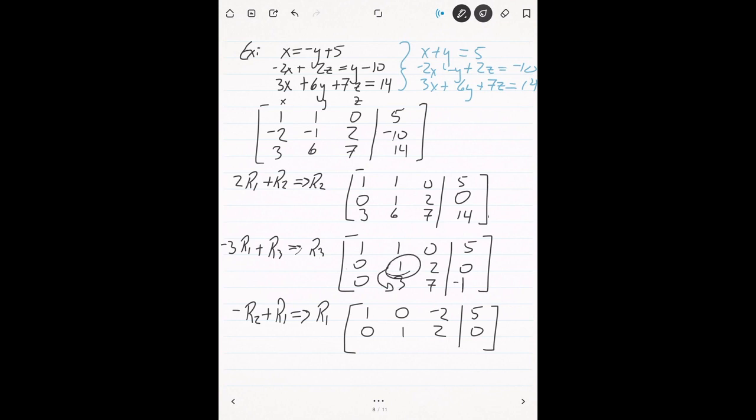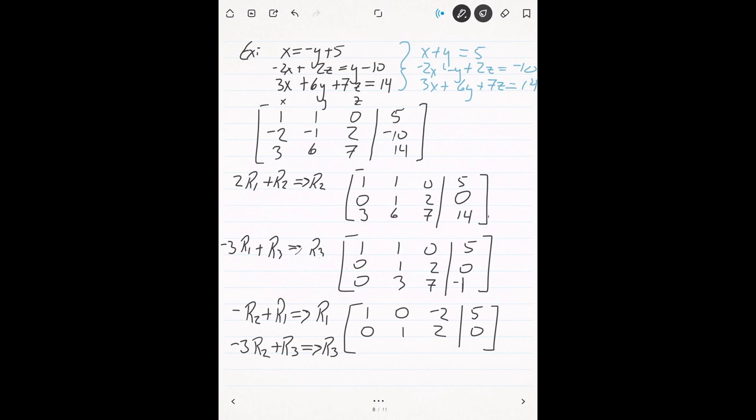Let's multiply it by negative 3 and add it to row 3. So what I'm going to do is take negative 3, multiply it to row 2, and then add that value to row 3 to be the new row 3.